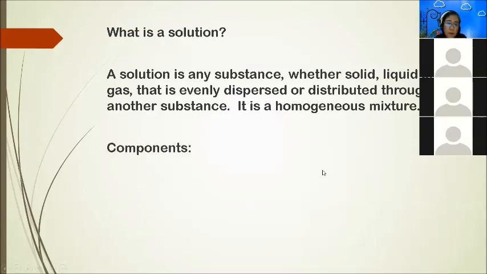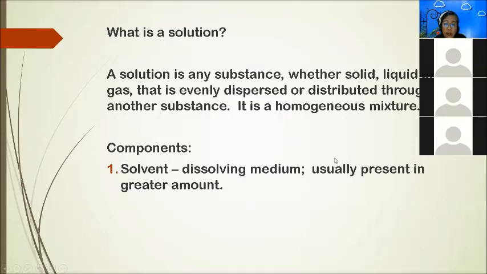What are the components of a solution? It has two components. We have a solvent. A solvent is the dissolving medium. It is the one that dissolves, and in terms of quantity, it is usually present in greater amount. Because it is just a mixture, the one that is greater in amount is construed to be the solvent.